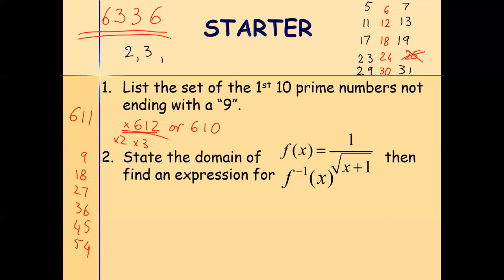Another trick to have in your bag, yeah? Because one day, if you get something like this, 18 divided by 6336, you need to simplify this. And you know 8 plus 1 is 9, or 18, 9, so I can divide both by 9.